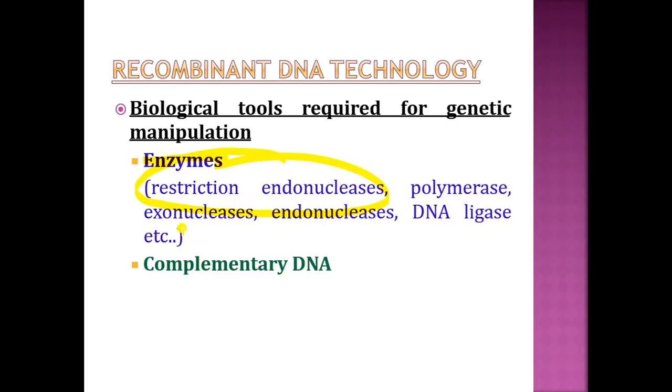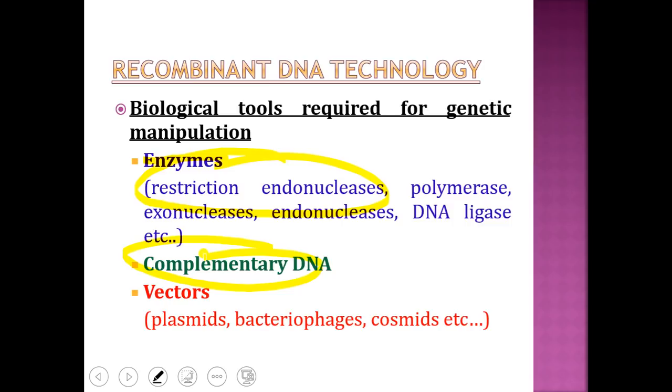Apart from that, the important thing we require is the target gene, which we can produce by producing the complementary DNA, and the last one is the vector, which we can say is a carrier we require to transfer this complementary DNA to the host cell. They are plasmids, bacteriophages, cosmids, and so on.